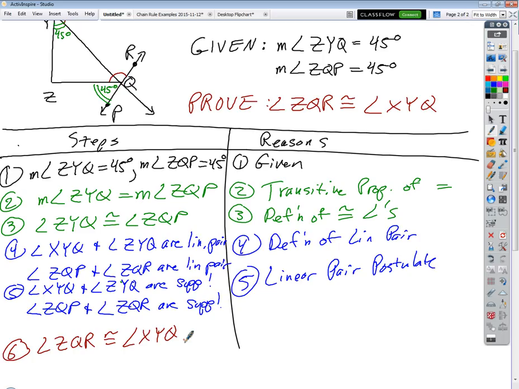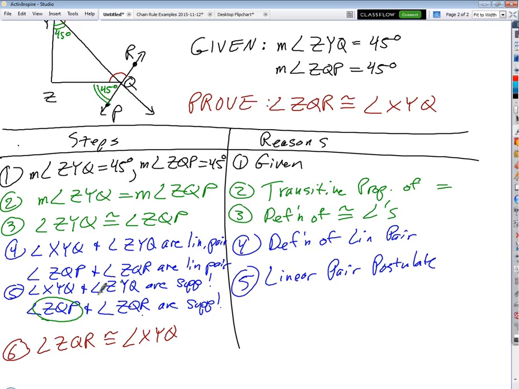Right? Because if ZYQ is supplementary with XYQ and, hang on, did I get that wrong? No, that's, okay, if XYQ and ZYQ are supplementary and ZQR and ZQP are supplementary, but we already said that these two are congruent, right?